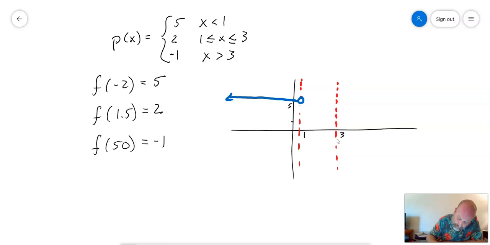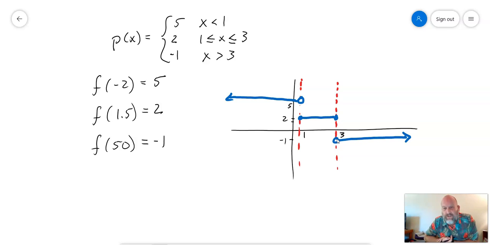Maybe 2 is a little higher than that, I don't know. That means for this particular boundary, we need closed values on the endpoints. Then we look at our third category, when it's greater than 3, not equal to 3, just greater than 3. And so it's equal to -1 when x is greater than 3.